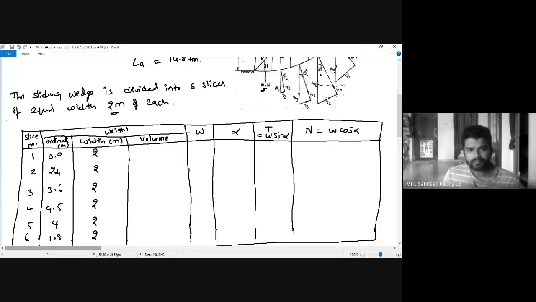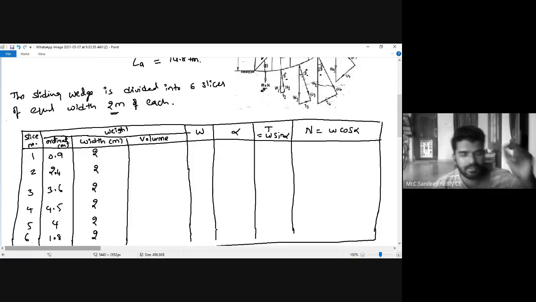Now we calculate what is the volume. 0.9 into 2. Here we consider the second dimension, and the third dimension we have considered as unity. So what is the volume? Area into height, or area into length, whatever we take. Area we can calculate from the ordinate height and width, 0.9 into 2, but the volume is into 1. So whatever the three-dimensional picture we have, we have converted into two-dimensional.